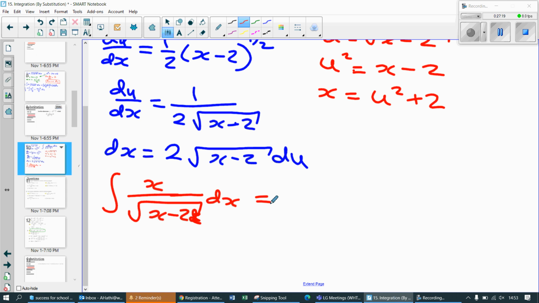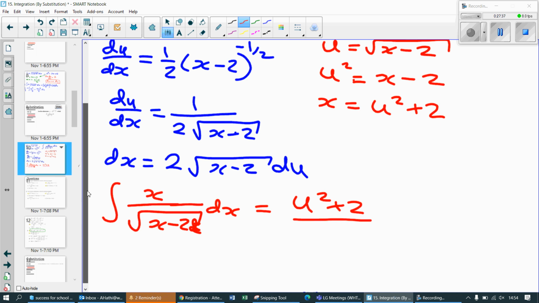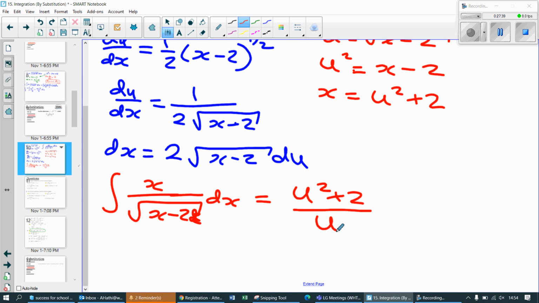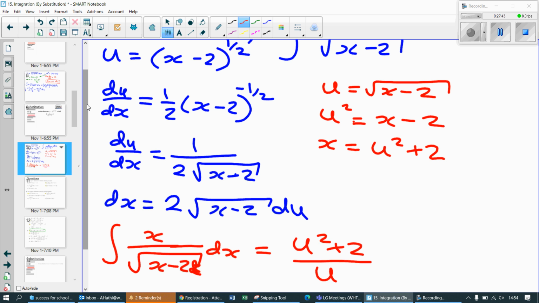What is x equal to? u squared plus 2, over, what's the square root of x minus 2? Just u. What is dx equal to? I need to get rid of that dx.